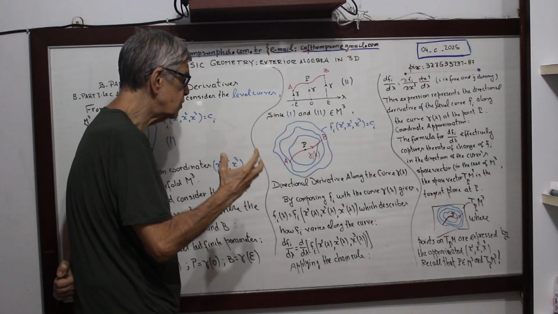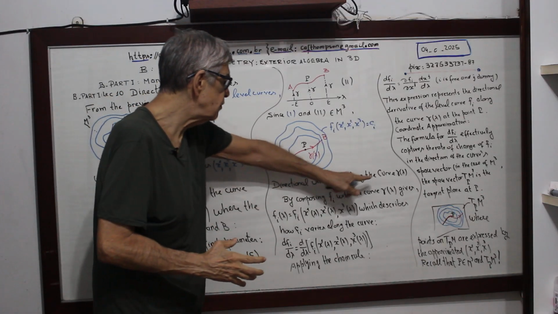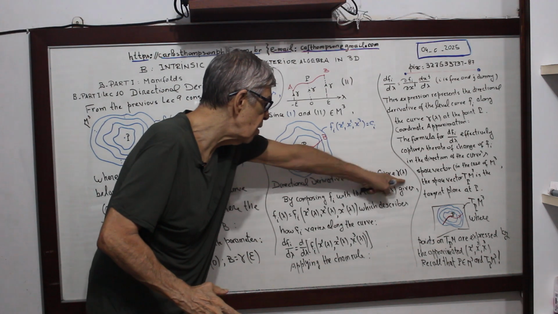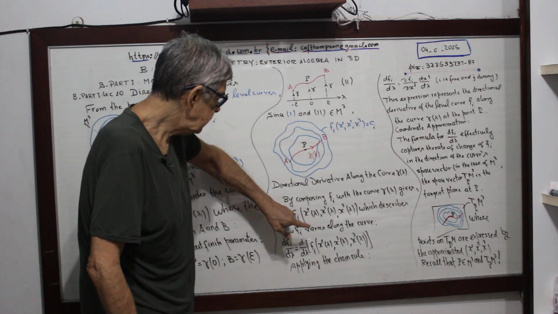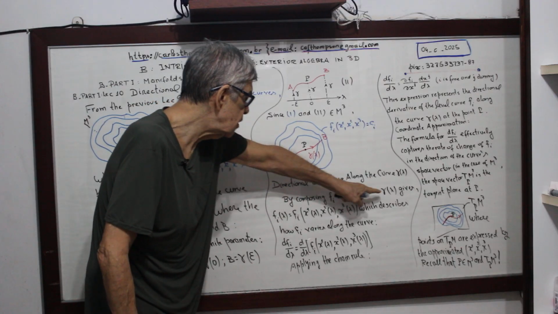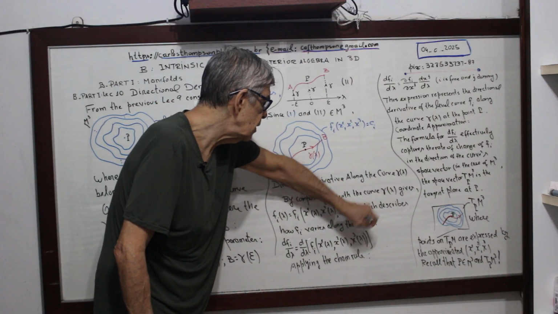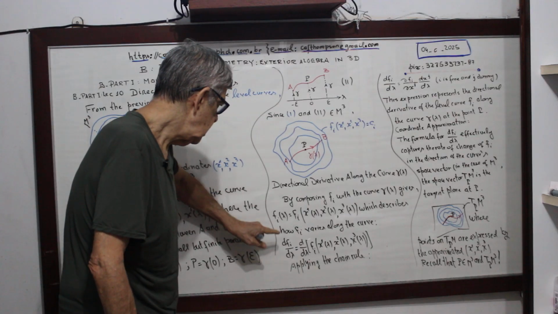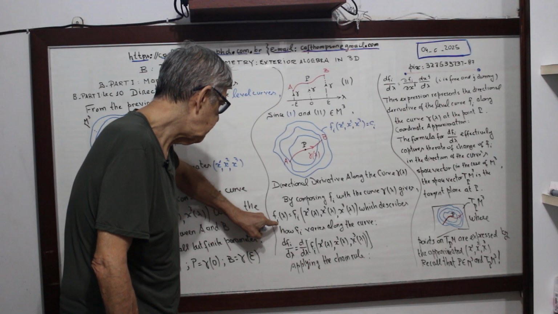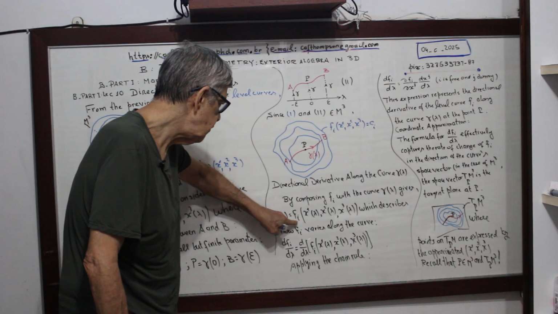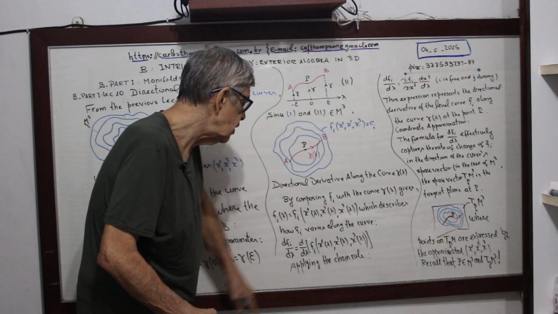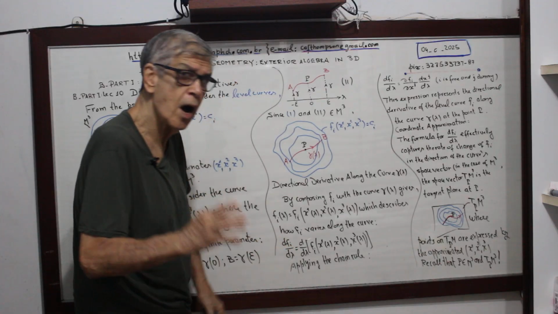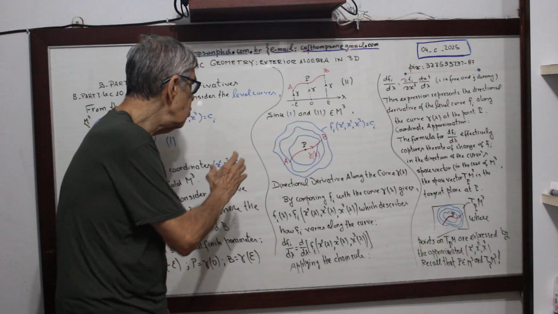Then we can use the directional derivative along the curve gamma of lambda. By composing the level curve with the curve gamma of lambda, this gives f_i of x1, x2, x3 of lambda, which describes how f_i changes as you move.